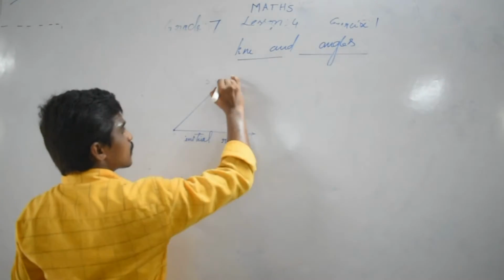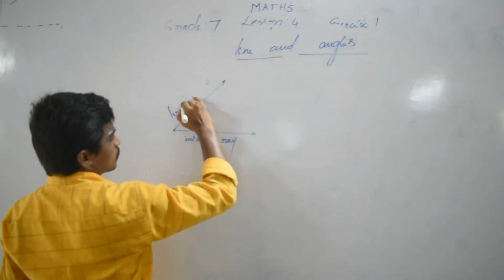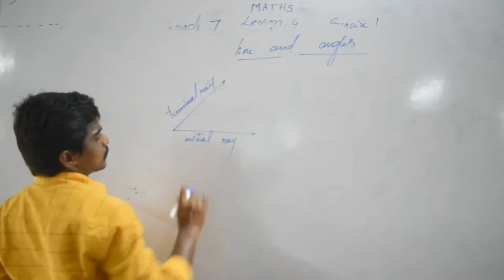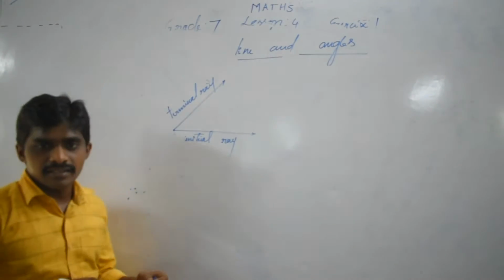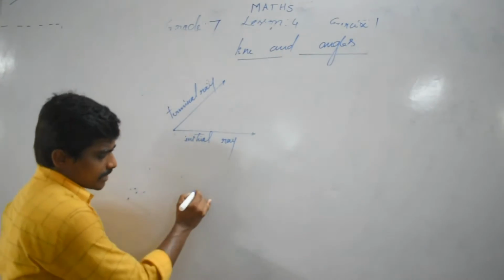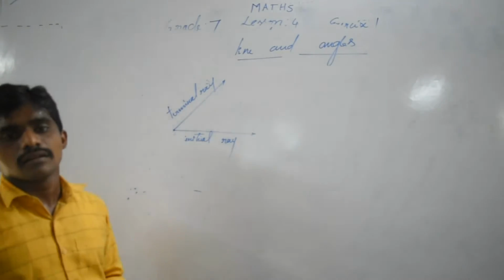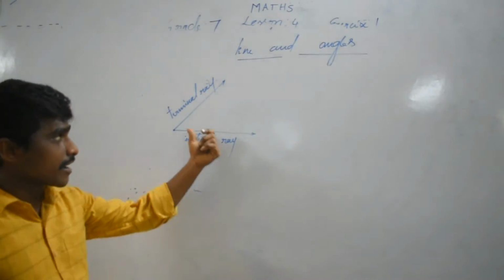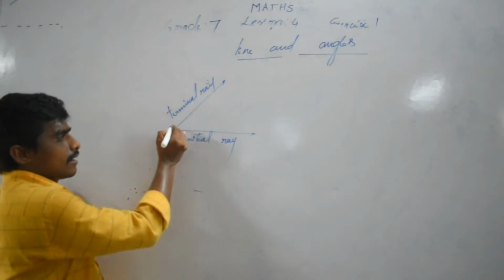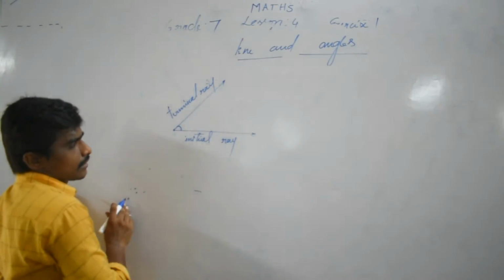This is another ray, this is the terminal ray. Here the inclined distance from the initial ray to the terminal ray is called an angle.